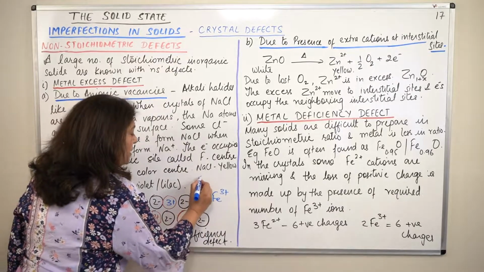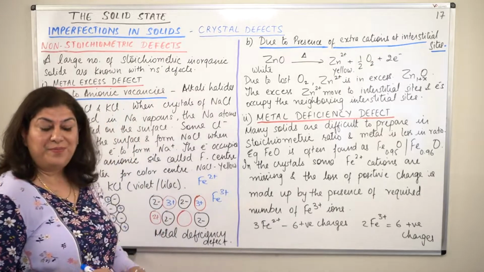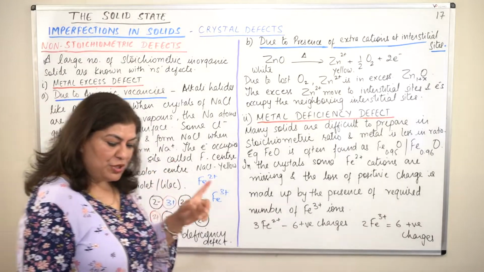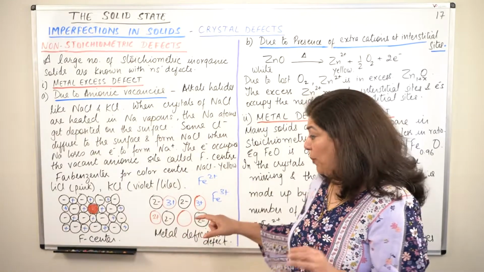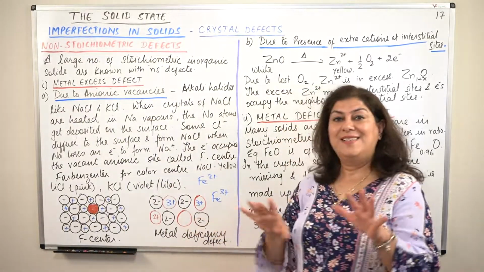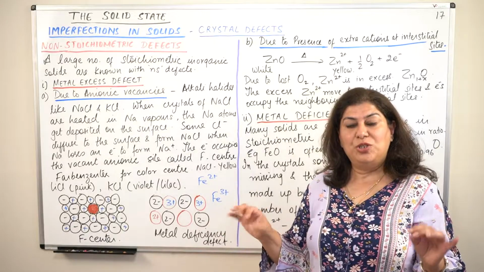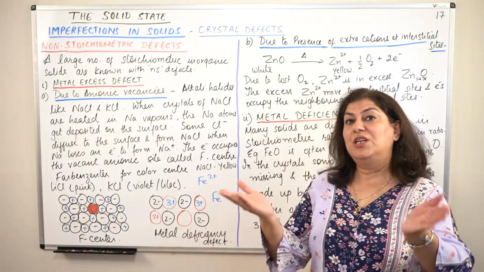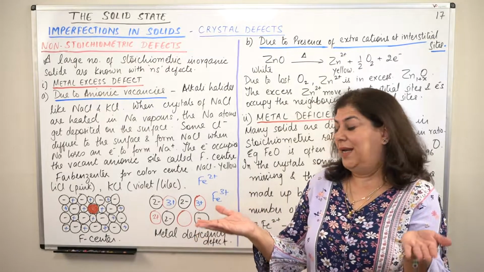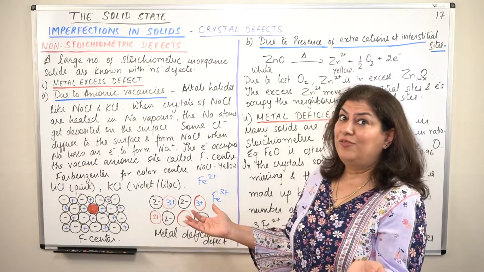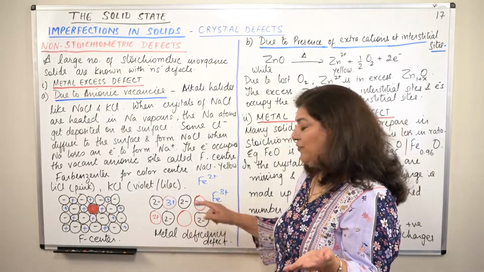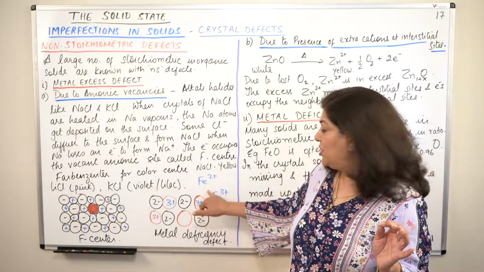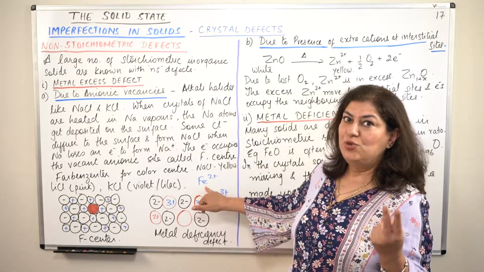What was present was Fe2+, right? Fe3+ ions occupy 2 of these sites, and one site is empty now. The Fe2+ did not enter, but 2 of these Fe2+ turned into Fe3+. Now look at the number of positive charges. 3 of the Fe2+ would have how much positive charge? 6 positive charges. Every Fe2+ ion has 2 positive charges.